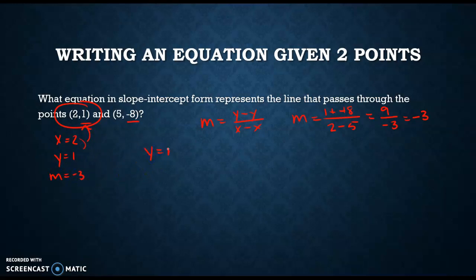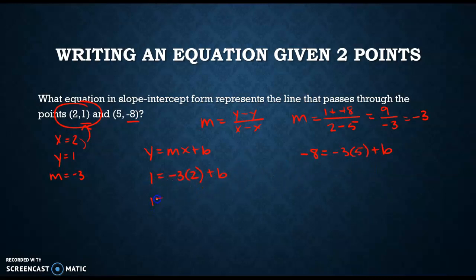So we have y equals mx plus b. So y is 1, m is -3, x is 2, and then plus b. Our other option would have been to do -8 equals -3 times 5. Doesn't matter. They both create the same line, or part of the same line, so we're going to find the same y-intercept.